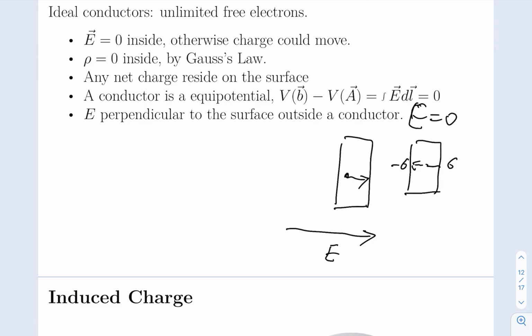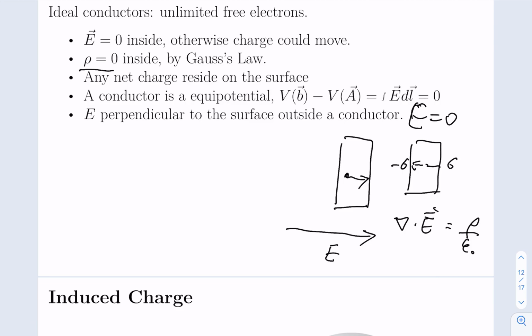And you can calculate the charge density inside, which should be exactly 0, because the E field is 0, and the divergence of E is proportional to the charge density inside. This means that if there is net charge, then it must be on the surface.